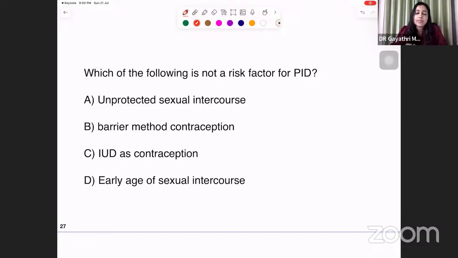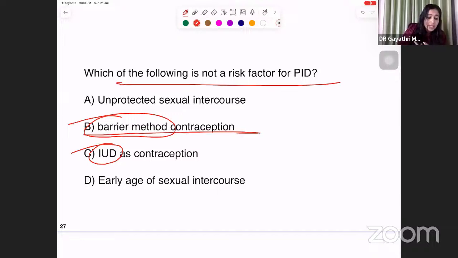Whenever the risk of sexually transmitted infections or the spread of organisms decreases, the risk of PID also decreases. So once the patient is using a barrier method of contraception, the risk is not increased as such. Barrier method of contraception is not a risk factor for pelvic inflammatory disease.